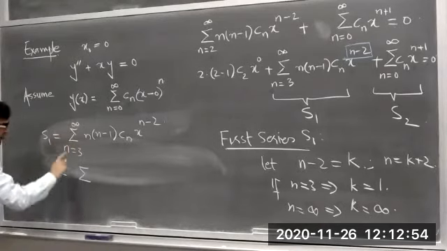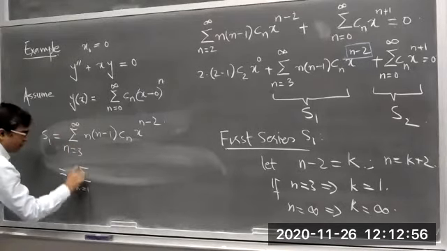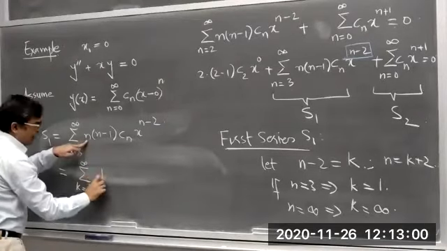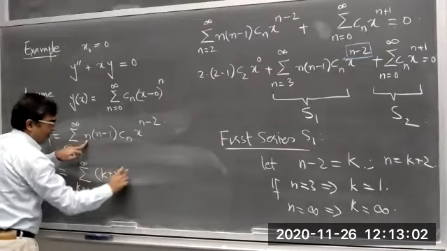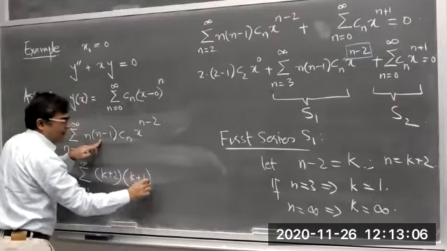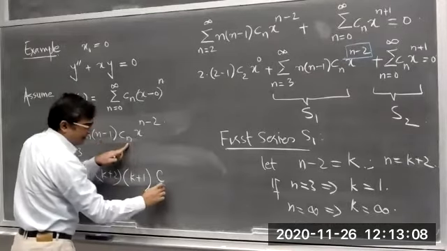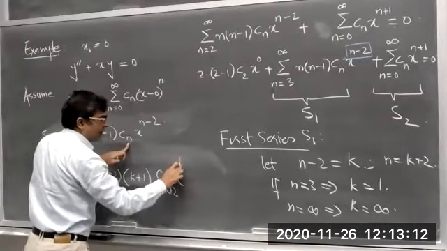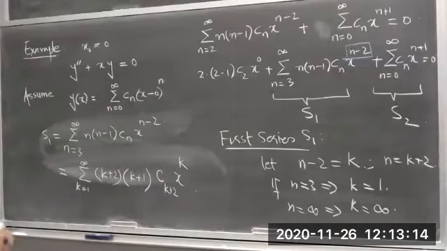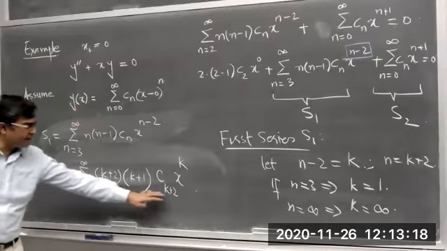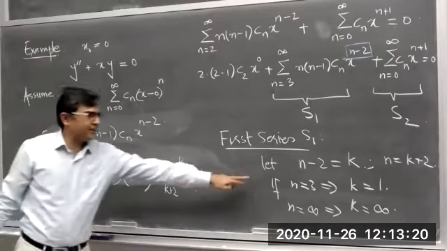Now, this index of summation has been changed to k from 1 to infinity. N is equal to k plus 2, and n minus 1 is k plus 2 minus 1, k plus 1. Cn, n is now k plus 2, and x power k. Now, the series 1 has been transformed into this series by using this substitution.